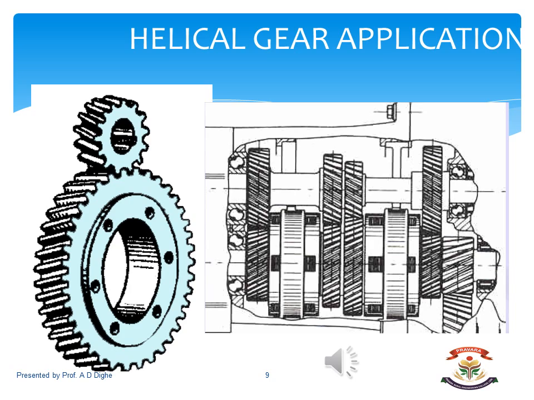So here the power transmitting capacity of a constant mesh gearbox is required to be more, as it is used in buses and trucks. At the same time, the engagement should be smooth and the operation should be less noisy. So by considering this, we have to choose the helical gear instead of the spur gear for the constant mesh gearbox.